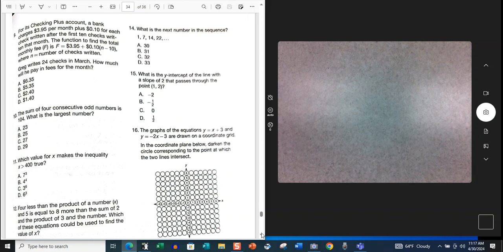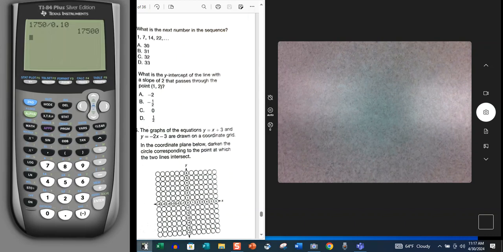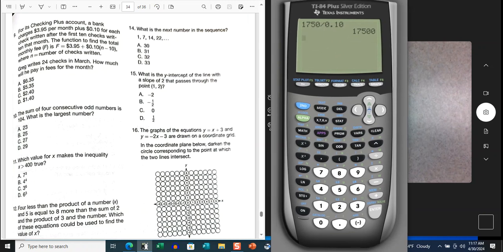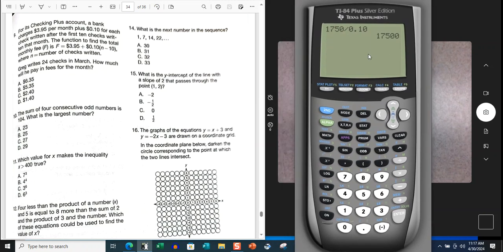Okay, so remember one key thing here is we know it's $3.95, and they said n is the number of checks written. So what we would do is we would just substitute this into this equation here. Now let me pull up this calculator. I'm not going to do anything on this calculator that you cannot do on your calculator. So we have this function here.